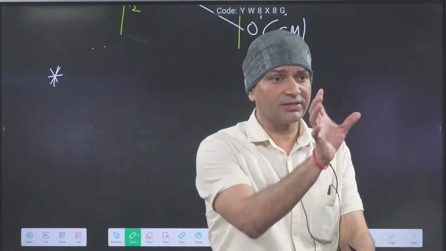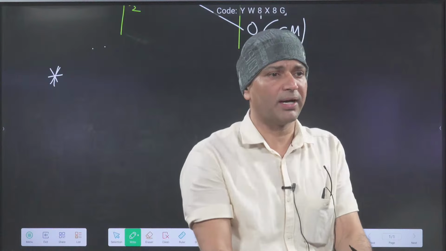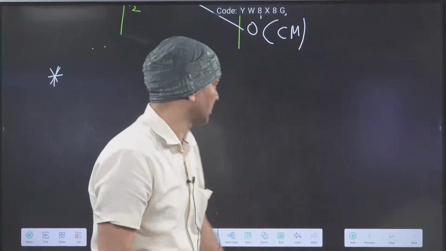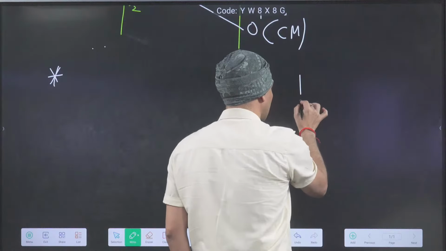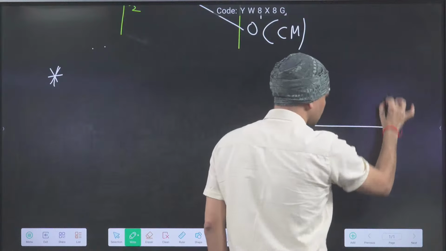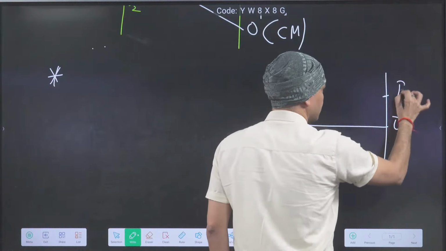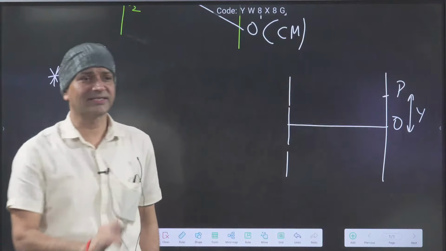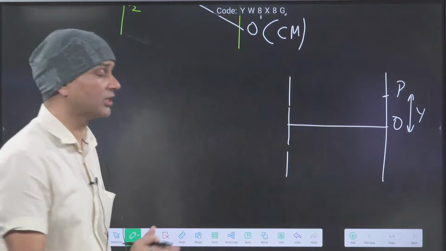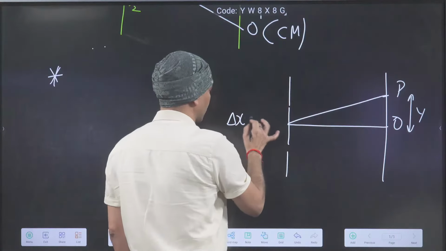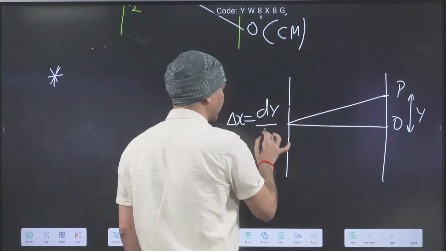When they use the word same point, same distance from the central maxima, same point means y same. If y is same, then path difference in terms of y is delta x equal to d y by capital D.